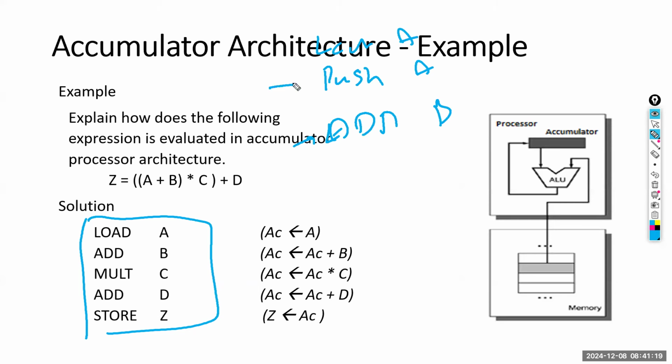In stack architecture, push A, push B, and you can even have something like mult, which means take two values from the stack, multiply, and write the result back to the stack. You don't need to specify operands, you just say multiply. You can see that depending on the architecture, your assembly code looks different.